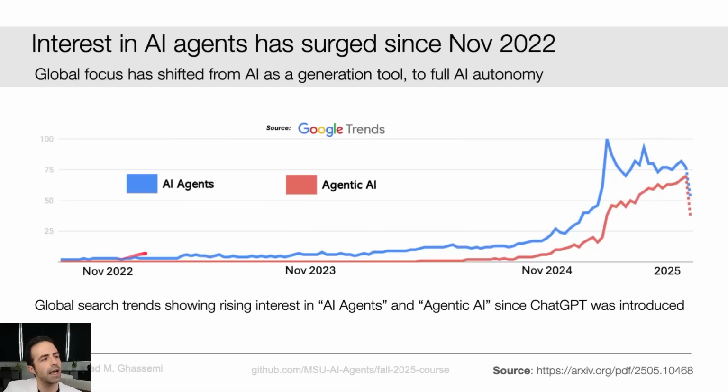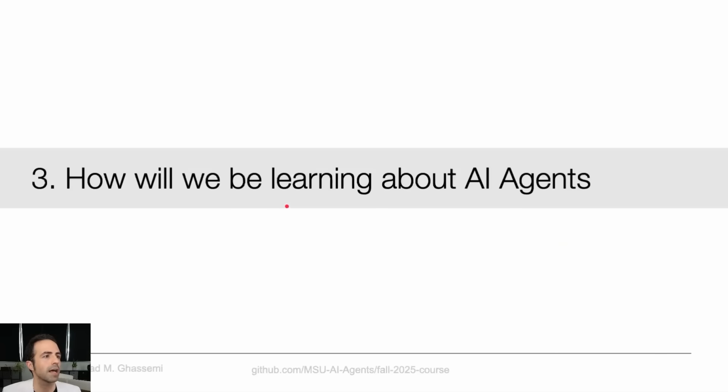What you see is that after a couple years of using it, almost exactly 2 years, in fact, of GPT coming out, people started to realize all those problems that I enumerated. The 5 or so I spoke about earlier that motivated agents and agentic AI, and you saw an explosion in interest in these 2 topics. So it's a good time to be learning about this if you're in the class.